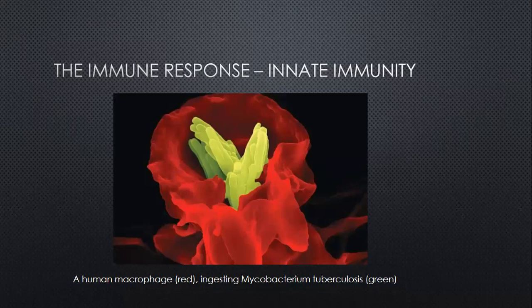Here you can see a macrophage, which is ingesting bacteria, which is the Mycobacterium tuberculosis, right? So the red part is the cell, the macrophage, and the green bacteria is the Mycobacterium tuberculosis.